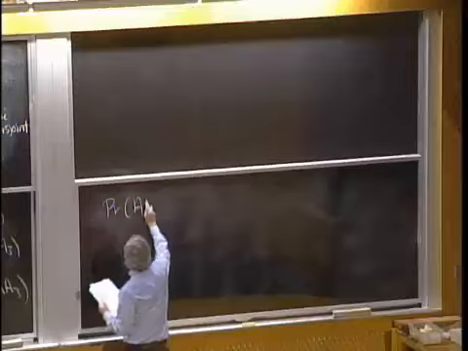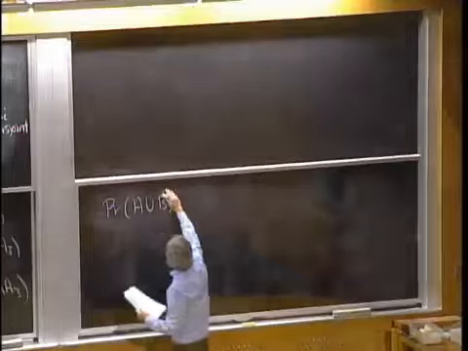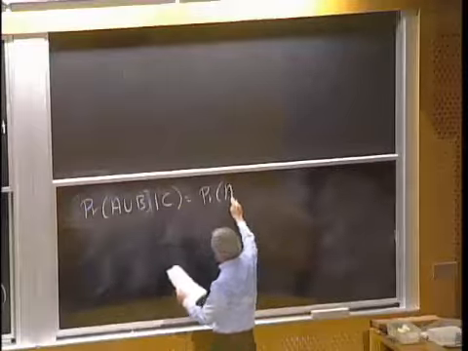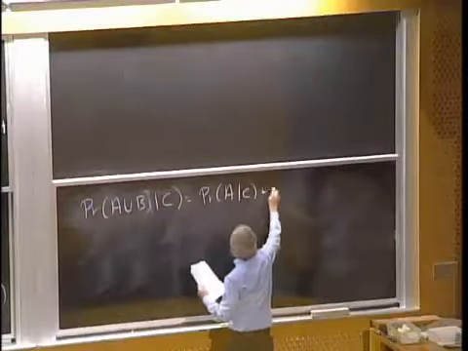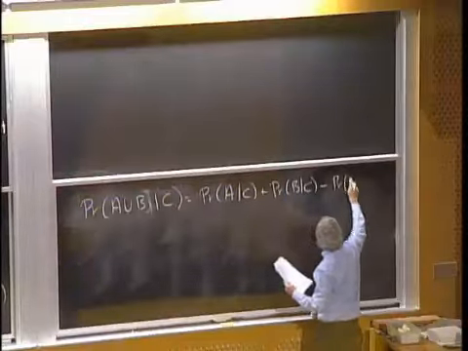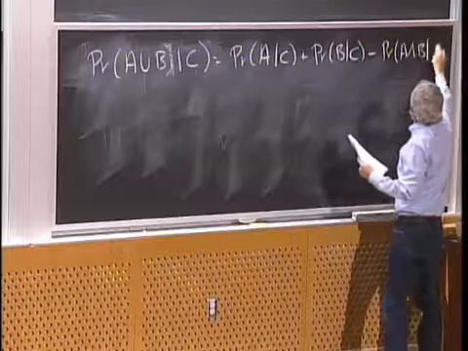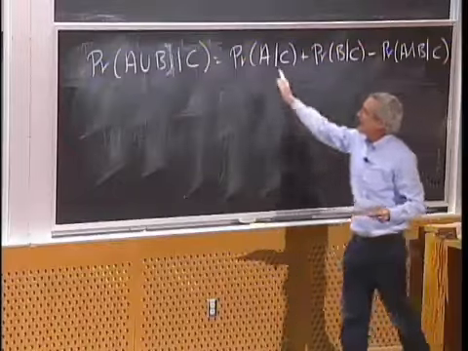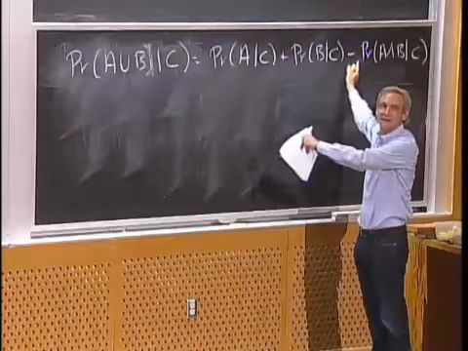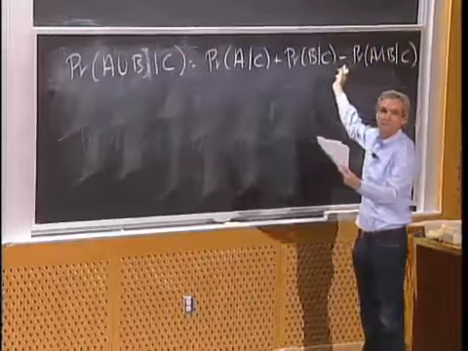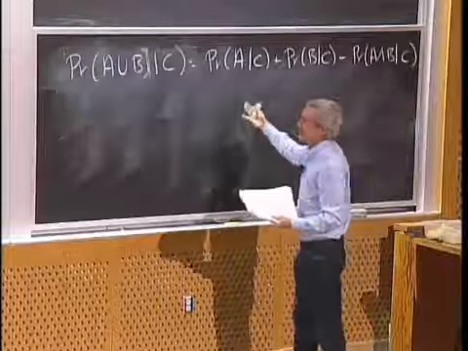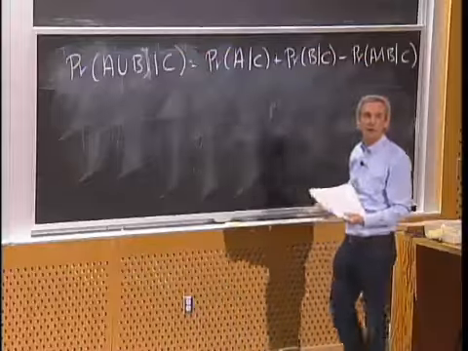The probability of A union B given C is the probability of A given C plus the probability of B given C minus the probability of A intersect B given C. In other words, take any probability rule you have and condition everything on an event C, and it still works. All right? And the proof is not hard. You can go through each individual law, but it all comes out to be fine.